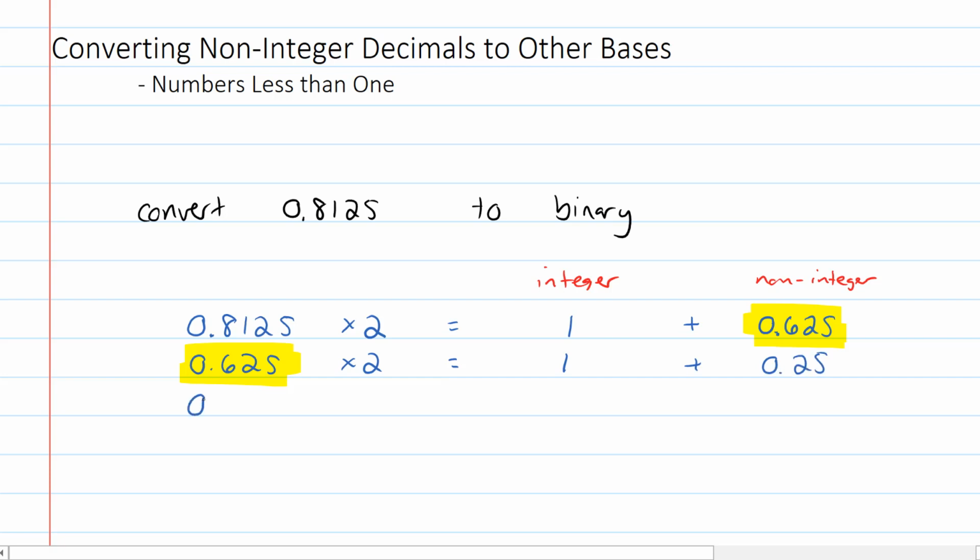Again, the 0.25 we're going to repeat over here on the left, again multiplying by the base that we want to go to. That gives us 0.5, so there's no integer part here. And we're going to write the 0.5 under the non-integer parts. Again, 0.5 goes over to the left. We're going to multiply it by 2, and we're going to get 1 plus nothing left over.